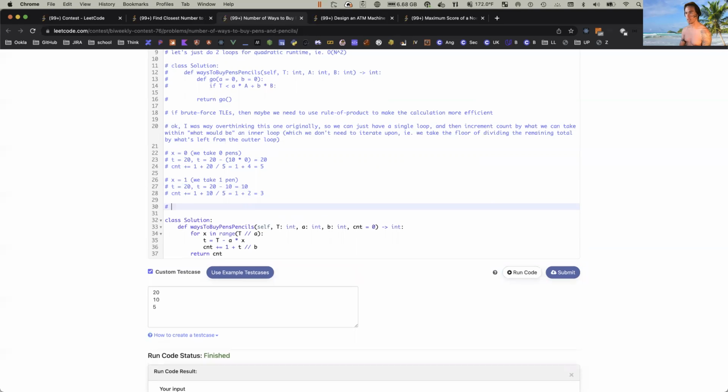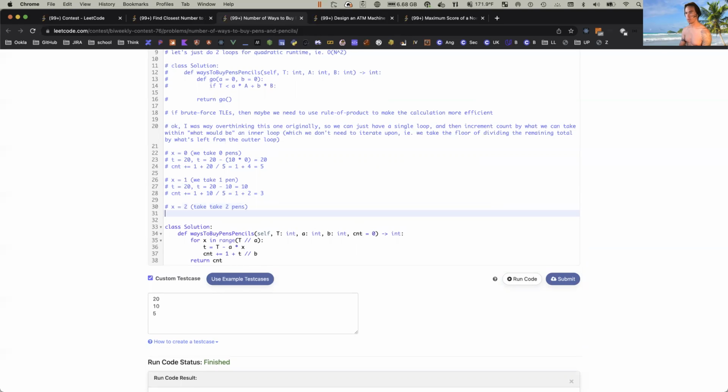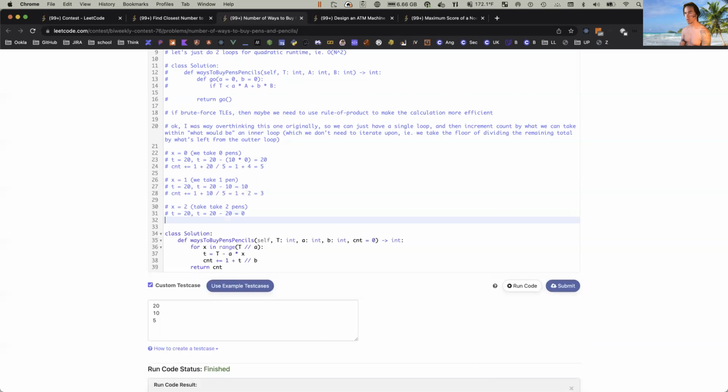And then when x equals 2, we take 2 pens. This should be 1, right? So t equals 20 minus 20 equals 0. And then count should equal 1 plus t divided by b, which is 0.